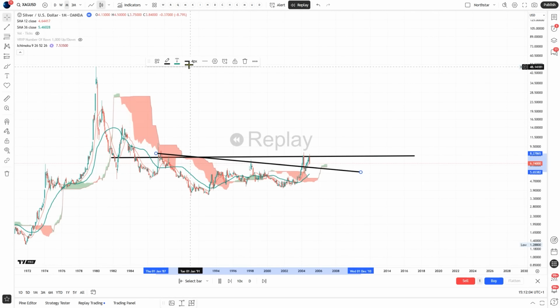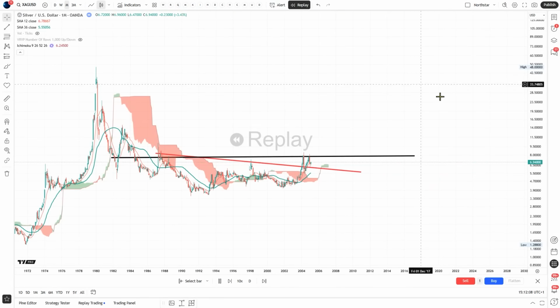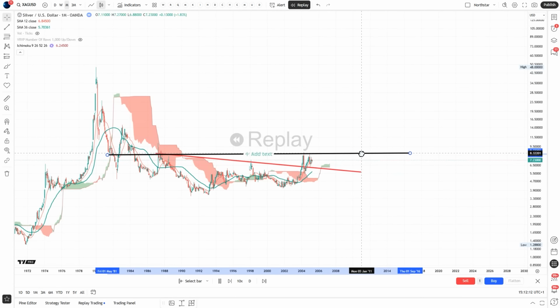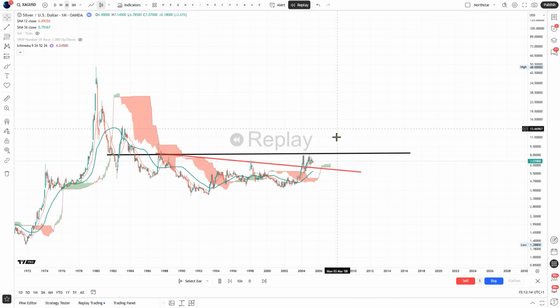That's the red one on the chart. And we're looking for it to break out through a key horizontal resistance area or resistance zone. And as time goes by, you can identify these key resistance levels. Very often the sloping resistance line is quite close to the moving averages and the Ichimoku cloud when it begins to break out.